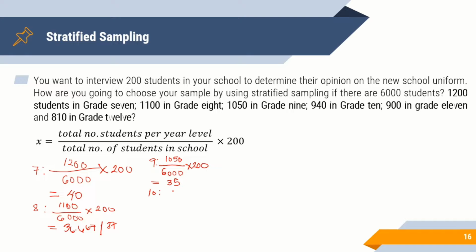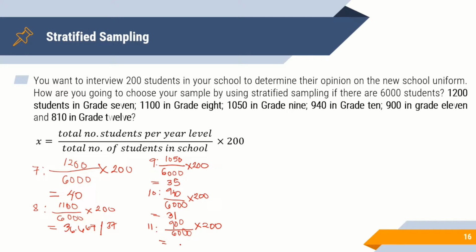And for grade 11, we have a total number of students in grade 11, which is 900, divided by 6,000, and then multiply by 200, it will be equal to 30. We have 810 students in grade 12 divided by 6,000 times 200, which will equal to 27.